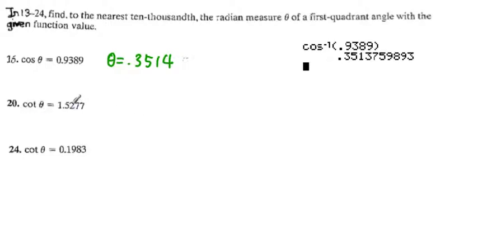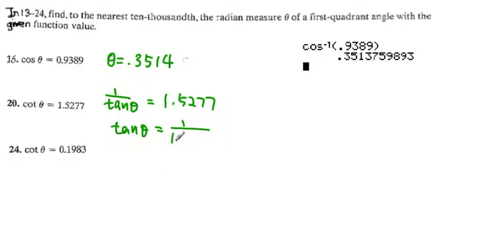Likewise, let's look into the second one. Cotangent here would have been something like this. That's equal to 1 over tangent theta, which will be equal to 1.5277. In other words, if you take the reciprocal on each side, you end up getting tangent theta must be equal to 1 over 1.5277.